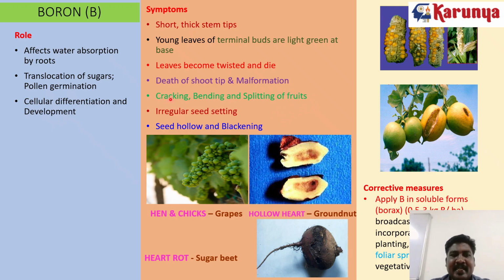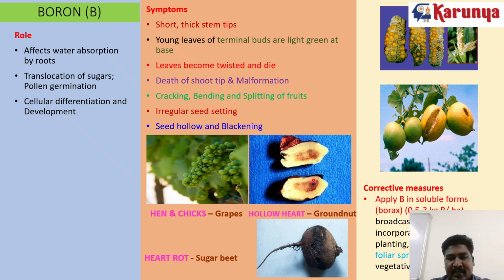Whenever you see cracking, bending, and splitting in the fruits, you can clearly say it is a boron deficiency. And irregular seed setting: you see here the seed setting in maize is very irregular. And in grapes, you can see one fruit is very big and another fruit is very small. It is called hen and chick in grapes.